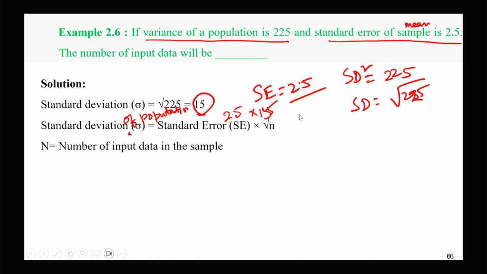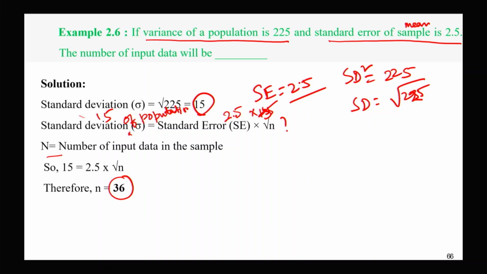Sorry, 2.5. Standard deviation of the population is given. So n is the number of sample, n we have to calculate. So standard deviation is 15 and this is 2.5, and from there we can calculate the number of specimen. So for here number of specimen is 36.